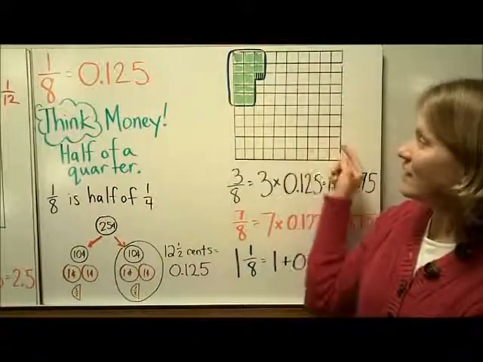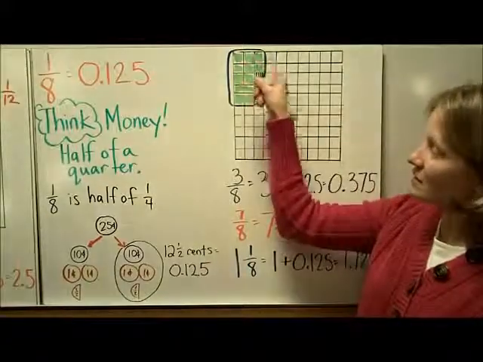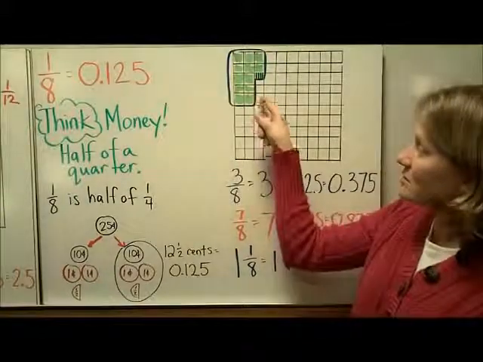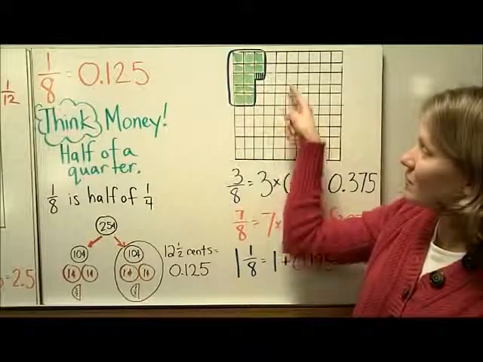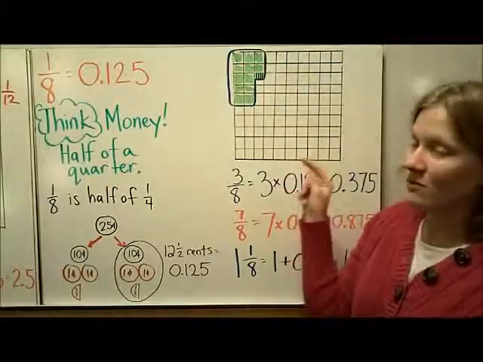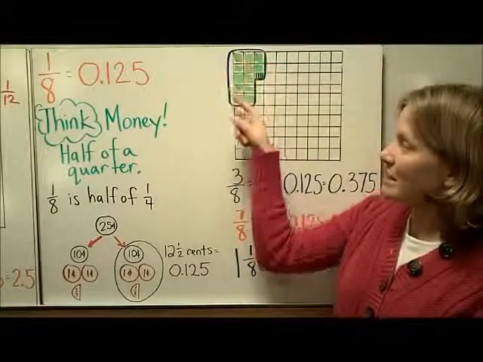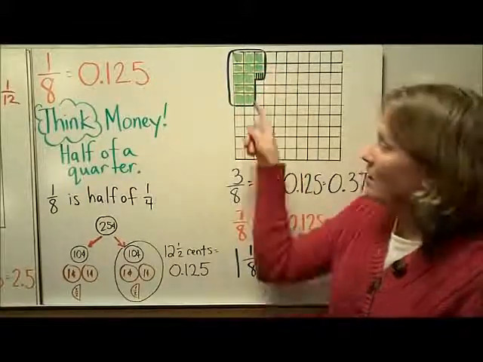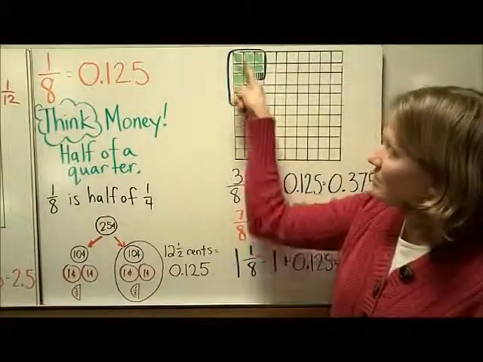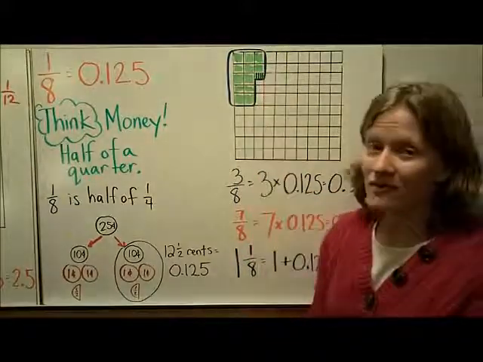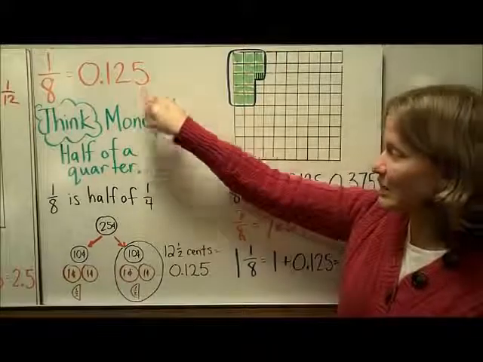So looking at this grid, you have to think about this whole 100 square, the flat, being broken up into 8 pieces. So this would be 1 piece, the next 8th would be here, 2 more 8ths. If we divided this whole thing into 8 pieces, this is how much of it would be colored in. Here are the 10, 11, 12 hundredths, and then there are the 5 thousandths that come right here.